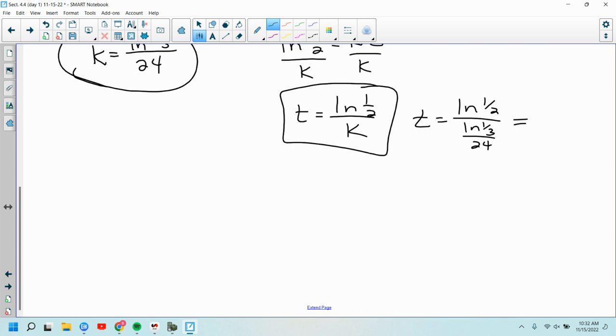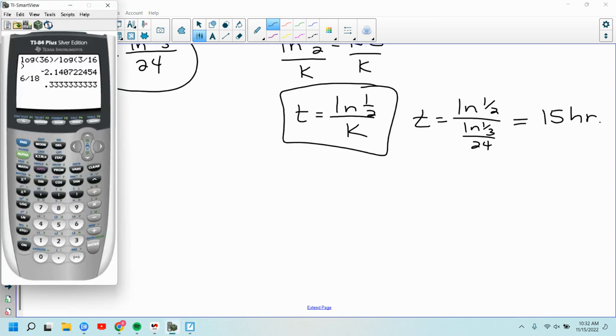All right, next one. Oh, you divided that by itself. Oh, you got to divide that by k. Look at what you get. 15. So if you round it to the nearest whole number, 15 hours.